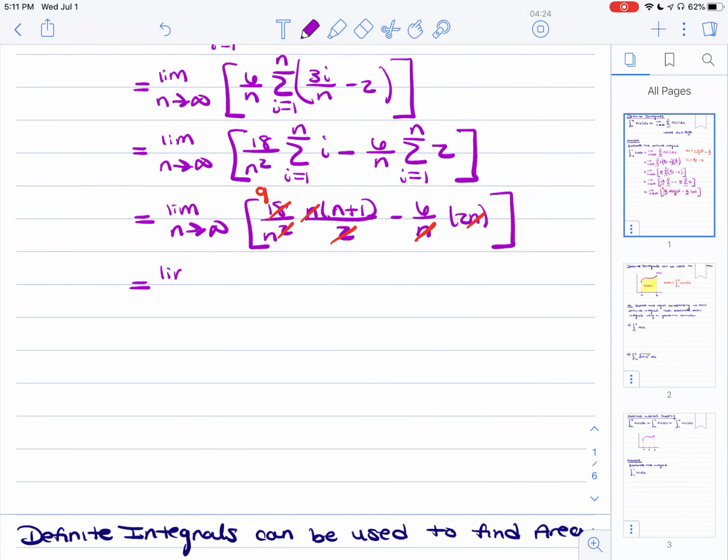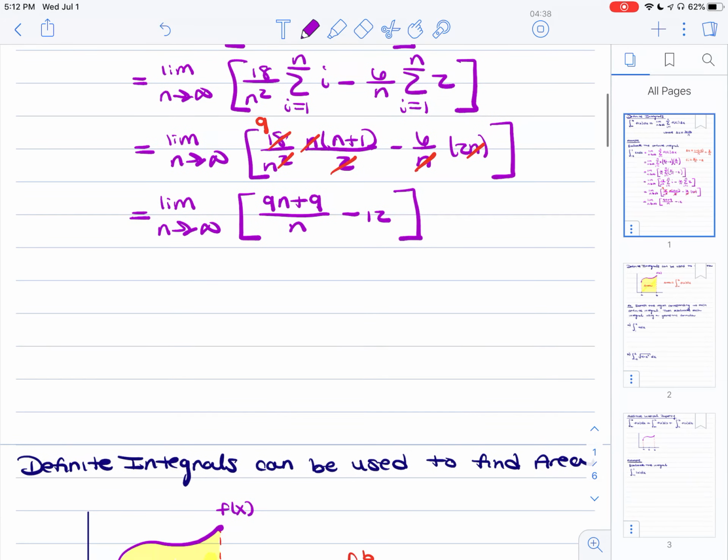This is going to be the limit as n approaches infinity of 9n plus 9 over n minus 12. Or, if we split up that fraction, the limit as n approaches infinity of 9 plus 9 over n minus 12.